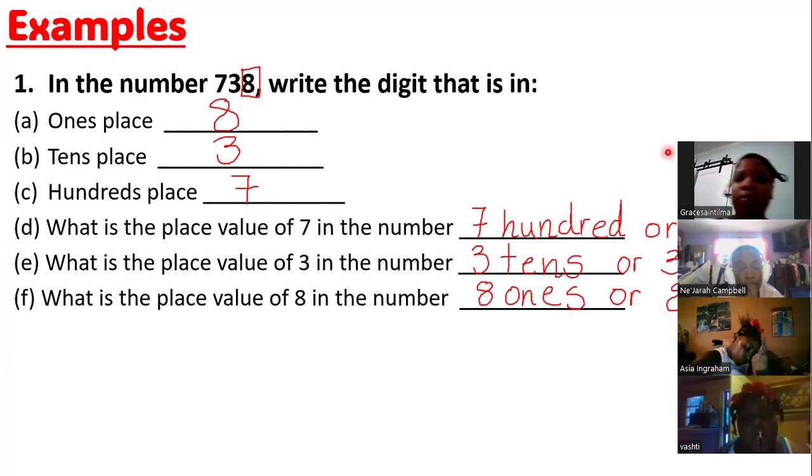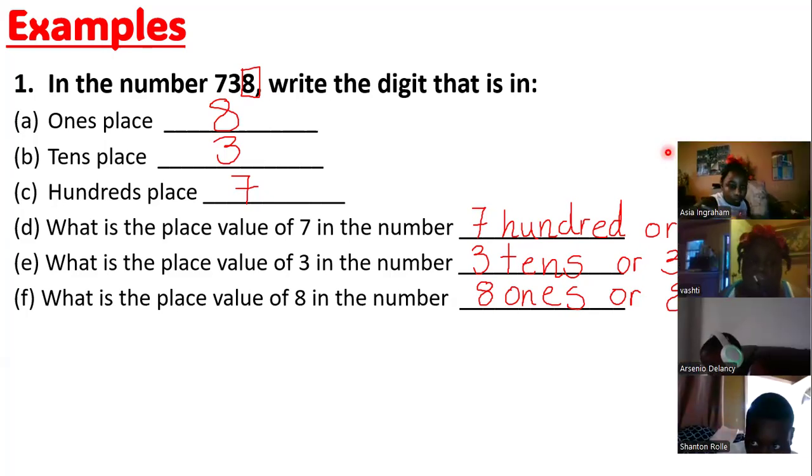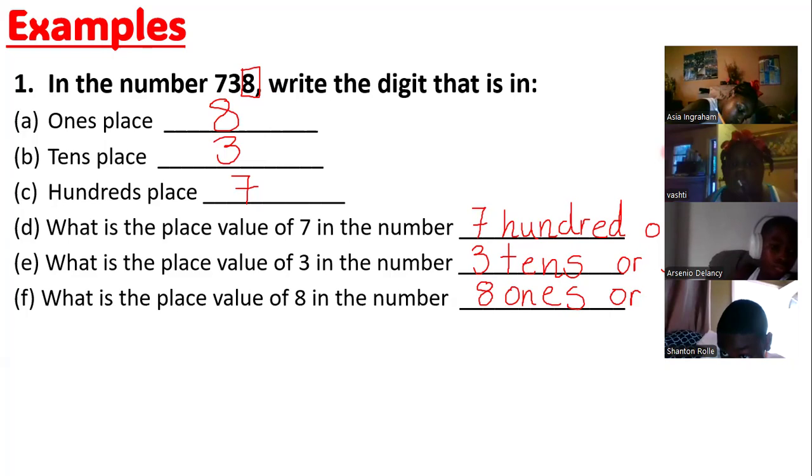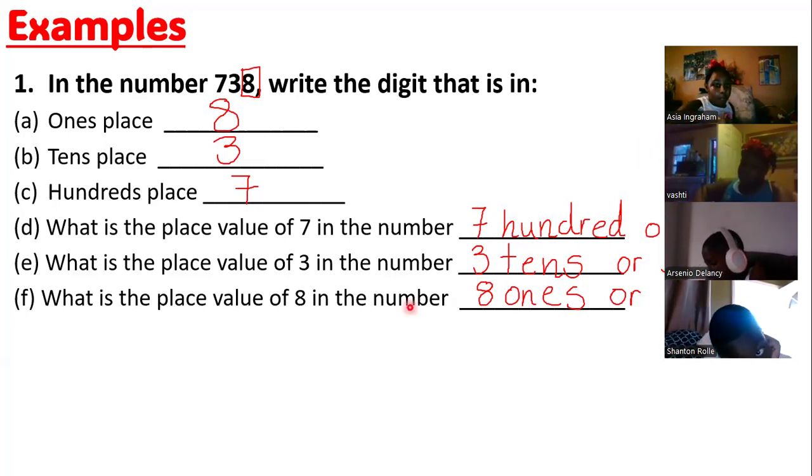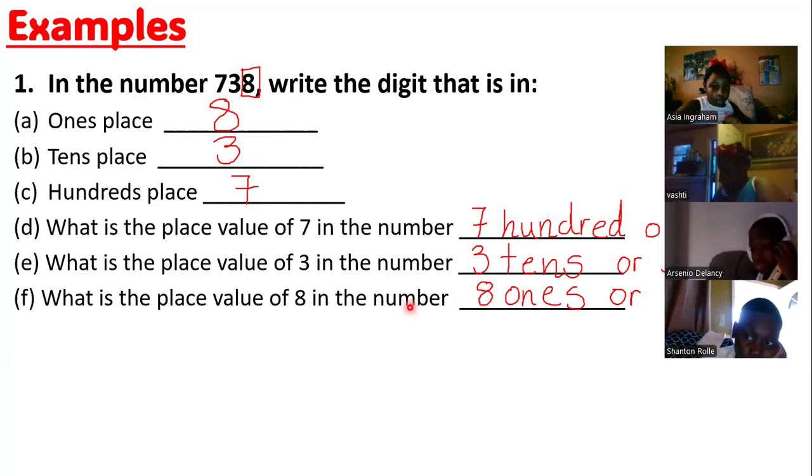Arsenio, are you still writing? I'm just going to write my margin line. Okay. Asia, what letter are you on? I'm on E. Which part of E? I'm on the number. Okay.